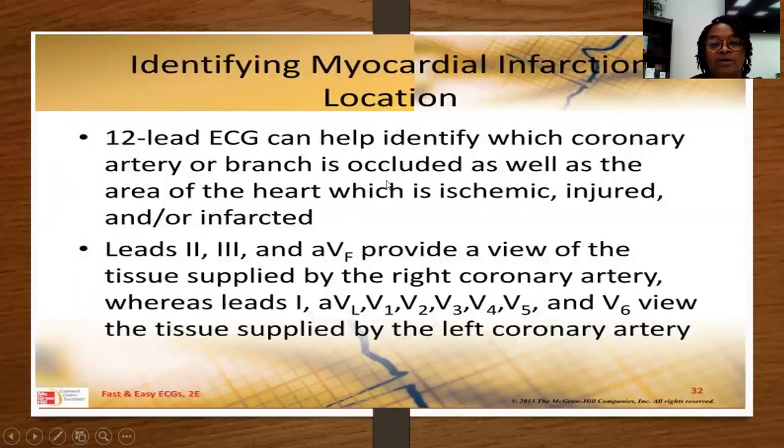So identifying a myocardial infarction by location, your 12 lead EKG can help you identify which coronary artery or branch is occluded, as well as the area of the heart which is ischemic, injured, and or infarcted. So leads 2, 3, and AVF provide a view of the tissue that's supplied by your right coronary artery, whereas leads 1, AVL, V1 through V5, and V6 view the tissue supplied by your left coronary artery.